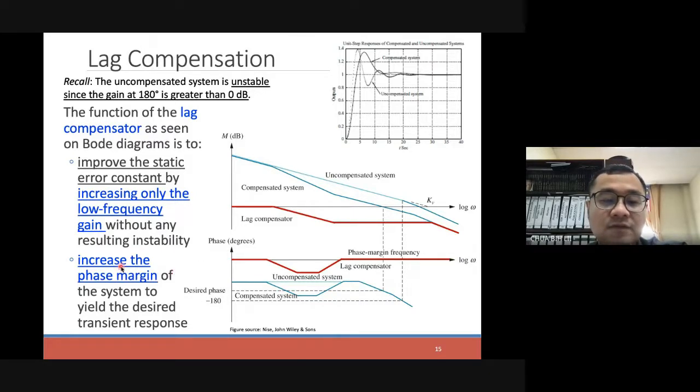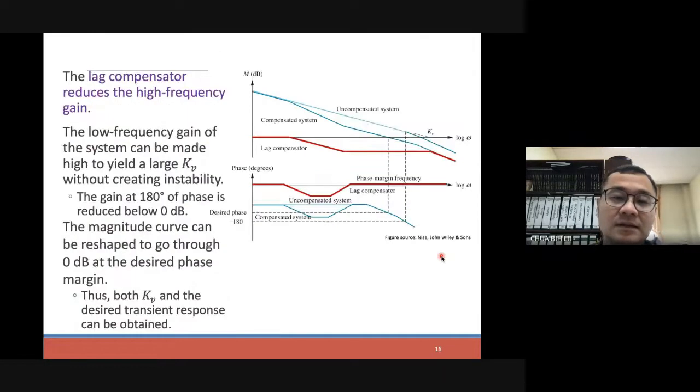Then for the transient response, we would increase the phase margin. We can meet the design criteria by adjusting these two particular things, and that would be reflected by the lag compensator patterns over here.